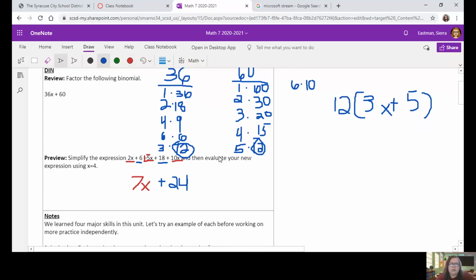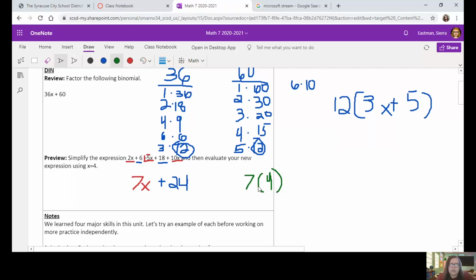Now we actually need to evaluate the new expression, and they want us to use the value x equals 4. So we're going to take that same expression, but I'm going to replace my x. I'm going to substitute with the number 4.